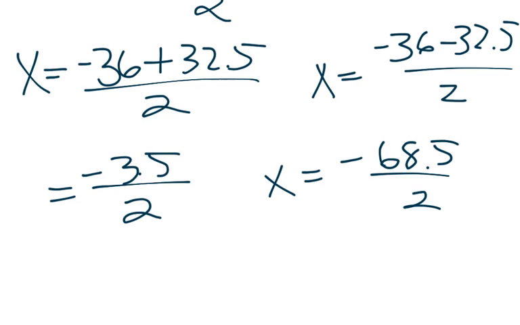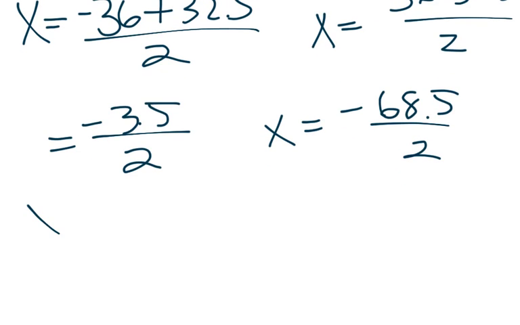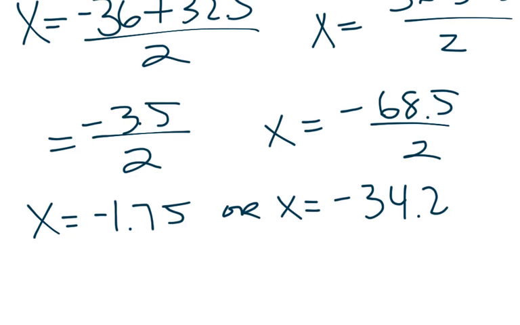So now we are going to simplify even further. So we have x equals negative 1.75, or x equals negative 68.5 divided by 2, which is negative 34.25. And this is your final answer.